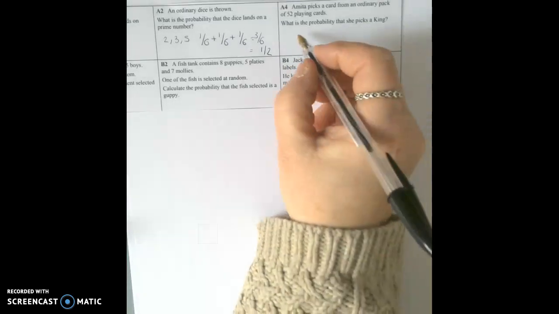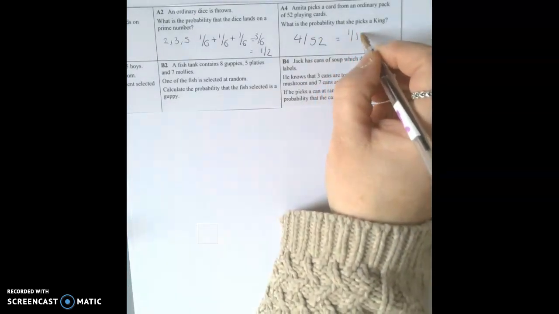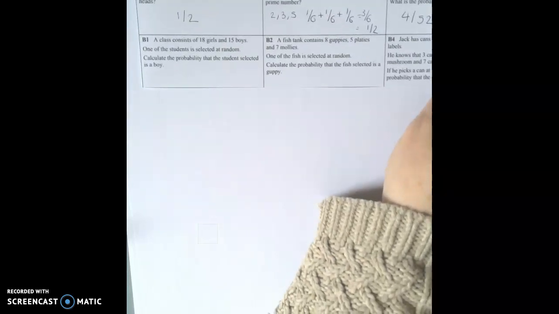So there is only 4 ways that we can pick a king out of the 52 cards. And this simplifies further to 1 out of 13. So half the problem with the probability questions is understanding what it is that they're actually asking us to do and knowing that a pack of cards only contains 4 kings.